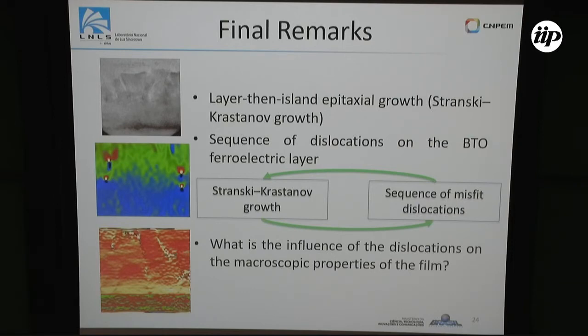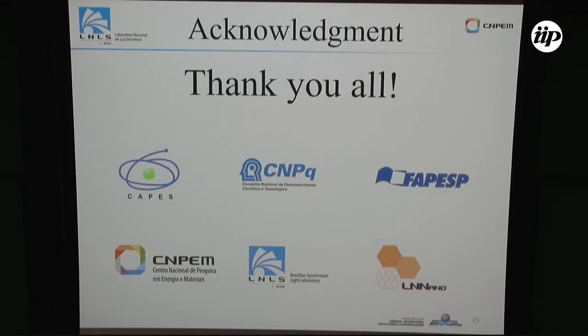And maybe for applications the most important question is: what is the influence of these dislocations? If it is a 3D dislocation, what is the pair of this dislocation? And the opposite. And of course, what is the influence of this on the properties of the films? And that's all. Thank you.